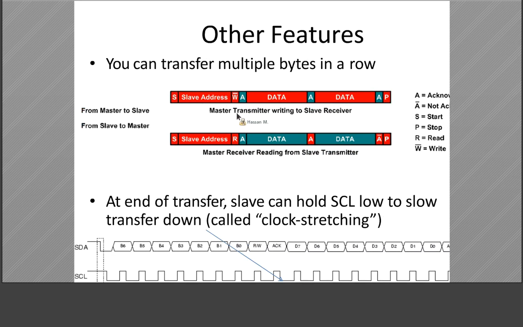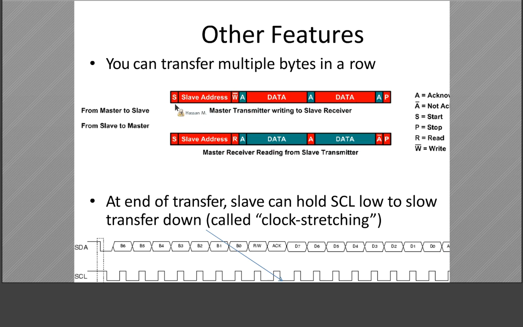Here for writing mode, master transmitter writing to a slave receiver, and here for reading mode, master receiver reading from a slave transmitter. Okay, write, read. Red from master, blue from slave.